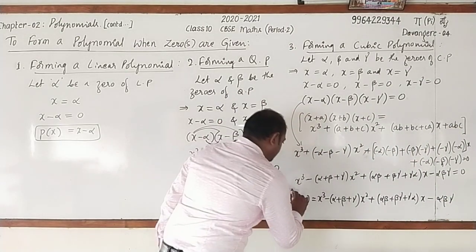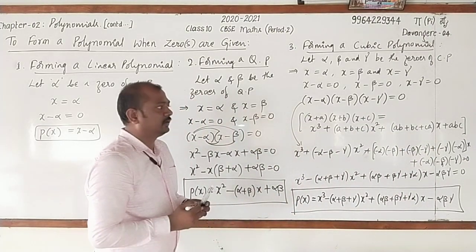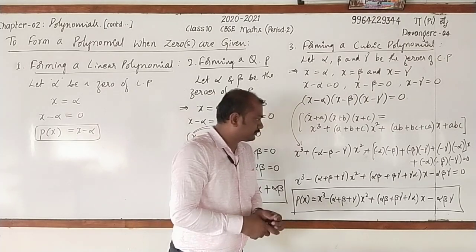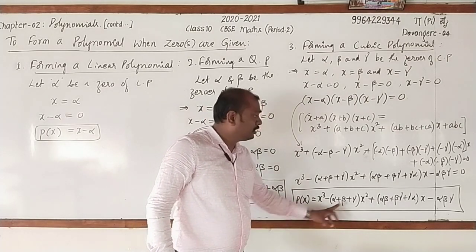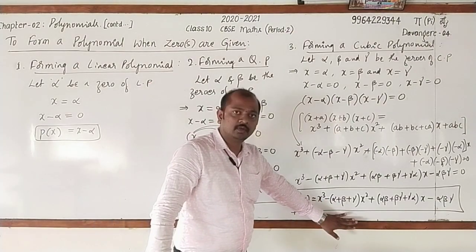Clear? Now I am going to highlight this with a box. So this is the general form to form a cubic polynomial when 3 zeros are known. Understood?